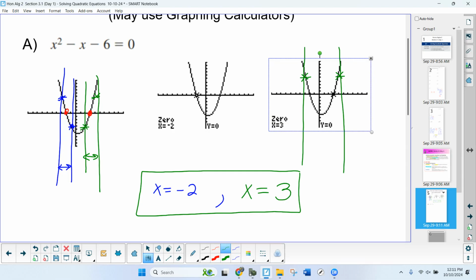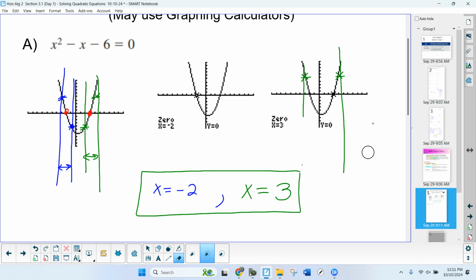So it'll not take you over here unless you move your cursor over there when you hit guess. So make sure when you are going left bound and right bound that you are including the 0 you want between your bounds. Okay? All right, let's try another one.